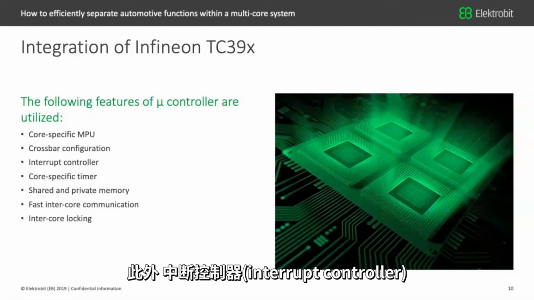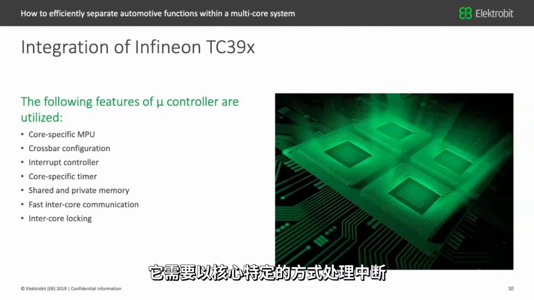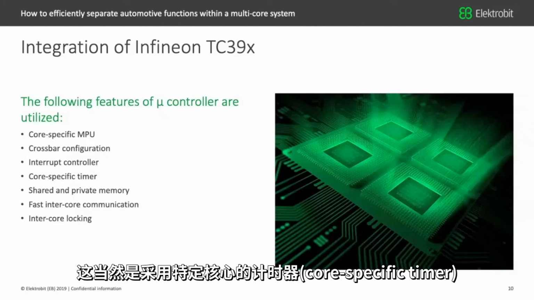Also, the interrupt controller is an important part. I have an interrupt controller which needs to handle the interrupts in a core-specific fashion. So this one is also important for the implementation. The same goes for the core-specific timers.